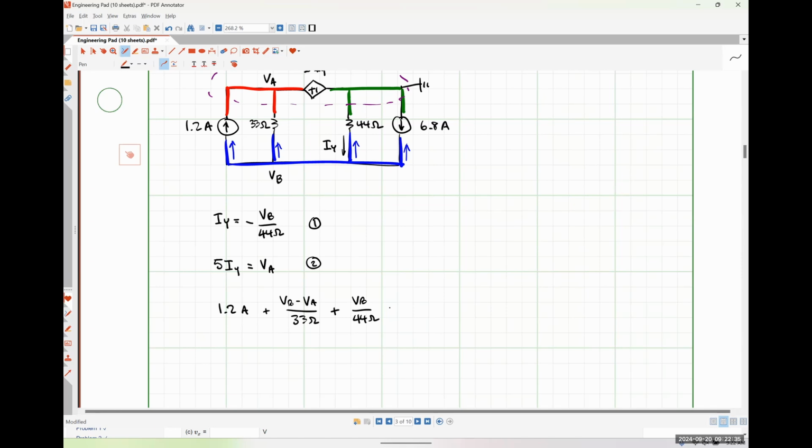What's the current flowing up through the 6.8 amp source? Negative 6.8 amps, set it equal to 0. We now have a 3-equation, 3 unknown system that any of our calculators could solve, where our variables are VA, VB, and IY. So nodal analysis makes that so much easier than throwing superposition at that terrible circuit.